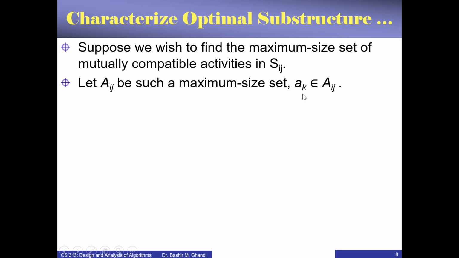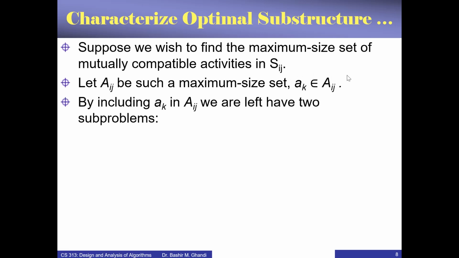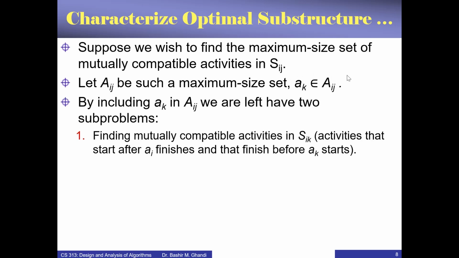Now by putting Ak in Aij, it means we have actually split the original problem of finding the maximum subset of mutually compatible activities in Sij into two subproblems. The two subproblems are finding mutually compatible activities in Sik.